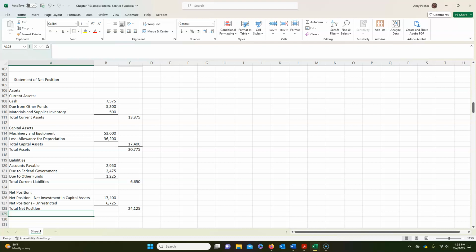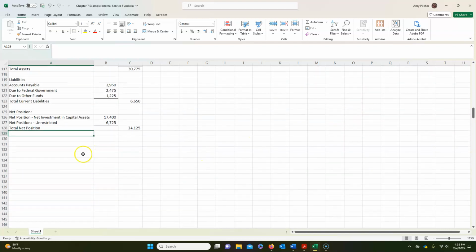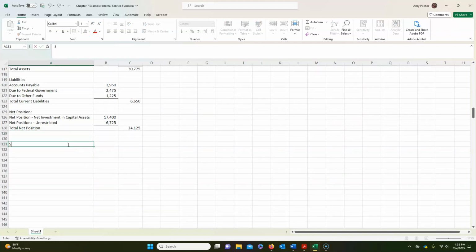Okay, our last statement is that statement of cash flows. Okay, so we are going to create a statement of cash flows, starting with cash flows from operating activities.